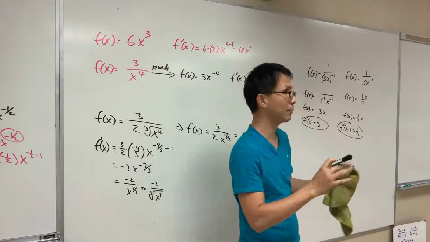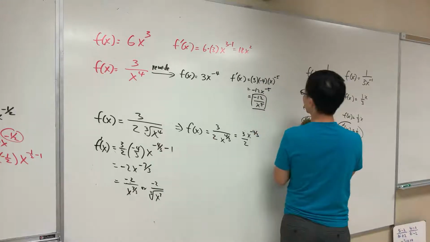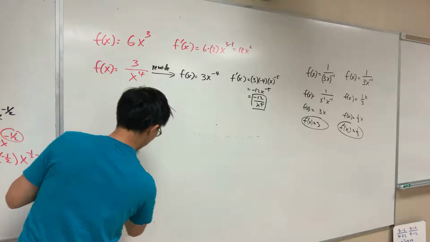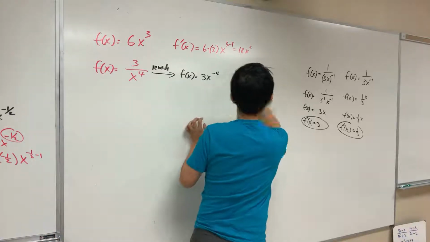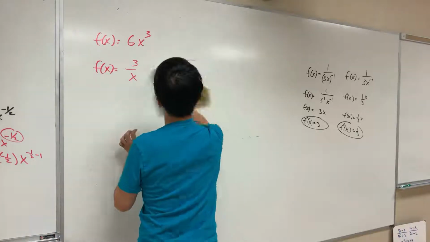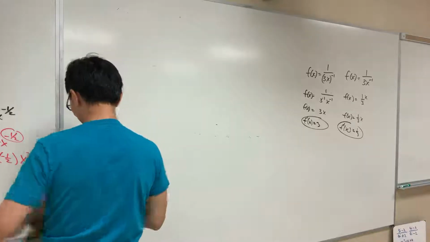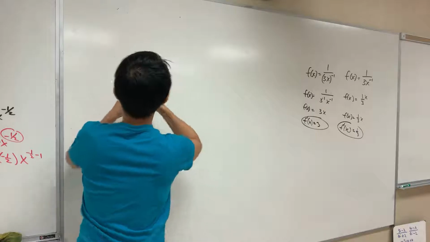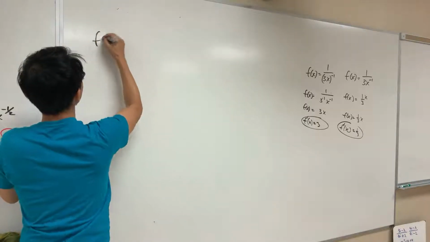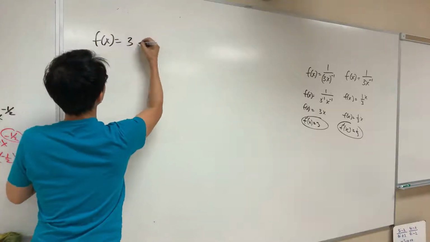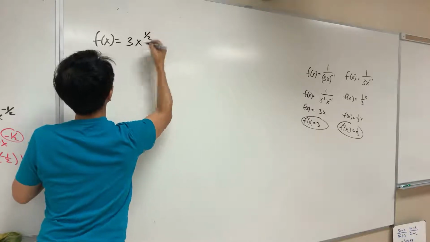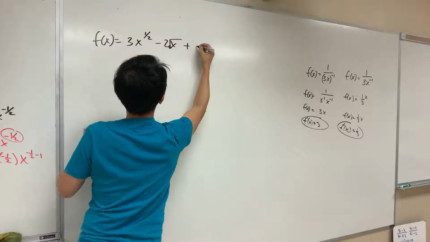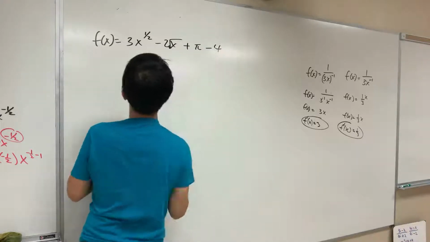Now we're going to take a derivative with more combination. So let's look at a combination of derivatives. Now we're going to take a derivative of this. f of x equal to 3x to the 1/2 minus 2x square root of x plus pi minus 4.